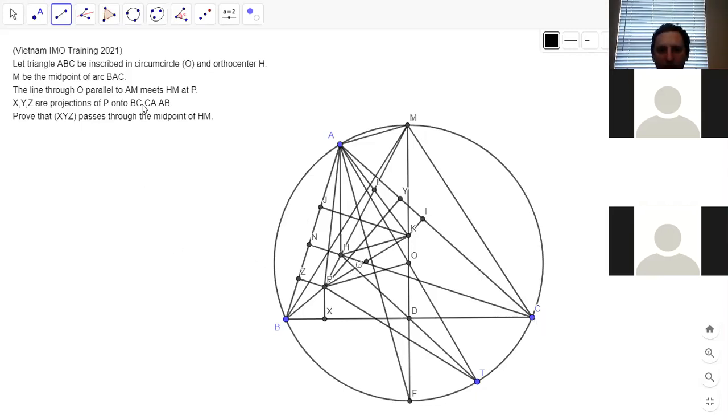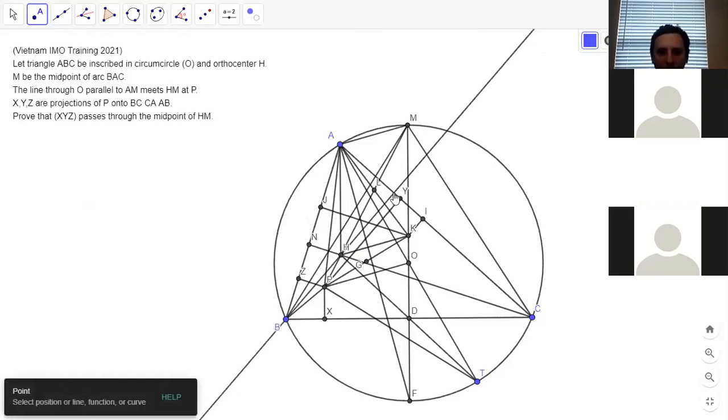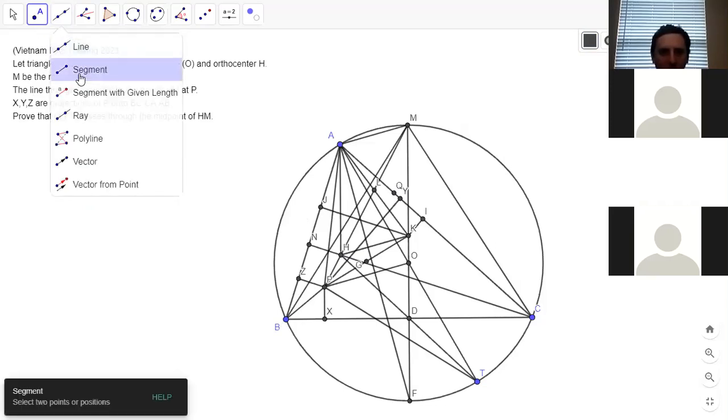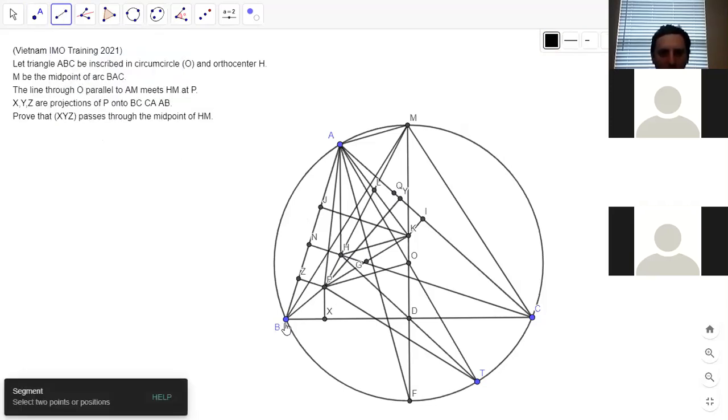Let's call the intersection of BH and AC, let's label that one Q. So similarly, we have AQL is equal to ZXP.